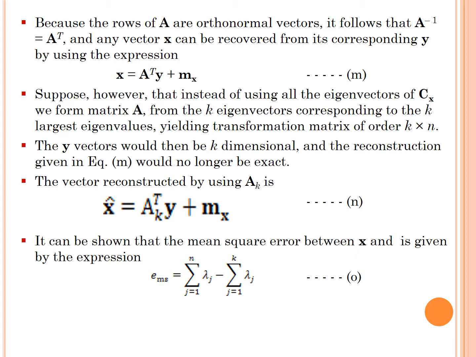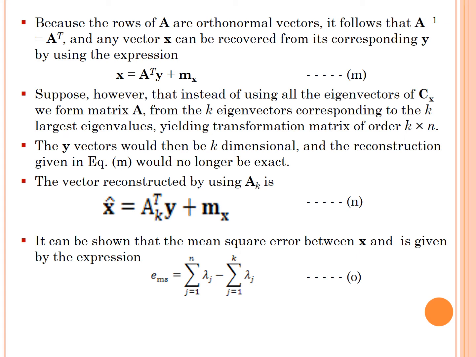Suppose, however, that instead of using all the eigenvectors of C_x, we form matrix A_K from the K eigenvectors corresponding to the K largest eigenvalues, yielding a transformation matrix of order K by n. The y vectors would then be K-dimensional and the reconstruction given in equation M would no longer be exact.